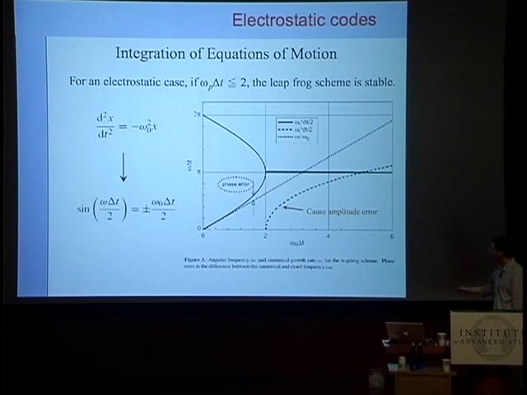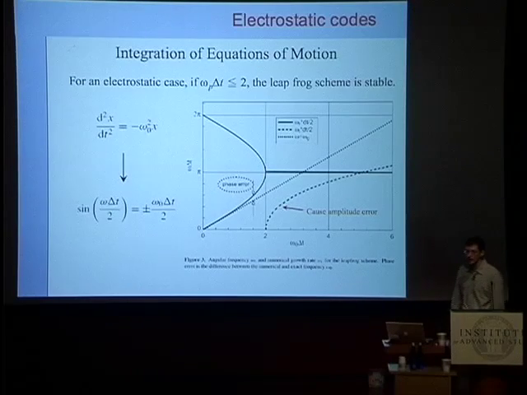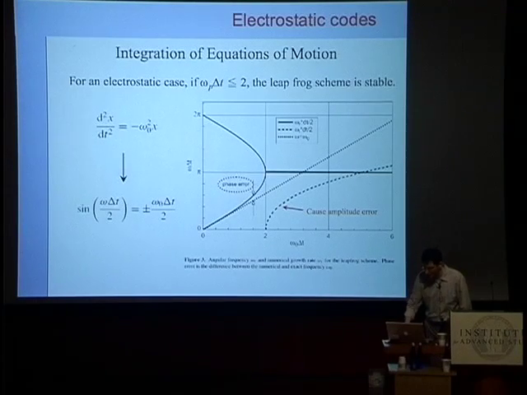And you will find that for small enough time steps, you'll have a perfectly correct solution. As you get to larger and larger time steps, you have a phase error, so you predict a different frequency than what you should have. And if your omega delta t is larger than 2, your code explodes. This is where the stability limit of the Leapfrog is reached.